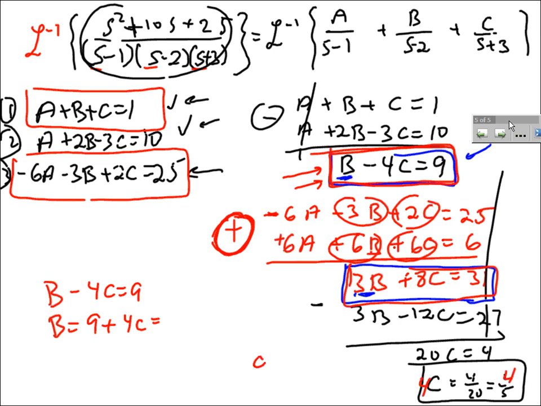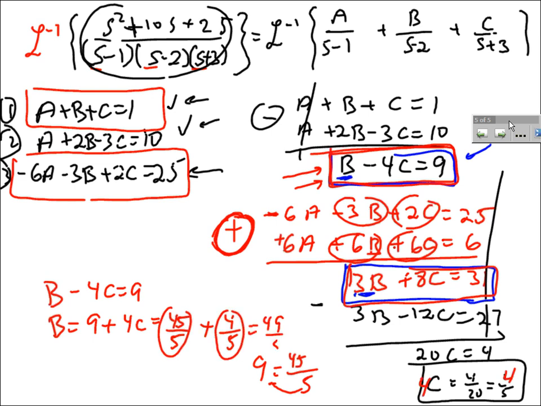I'd love to write a 9 with a 5 in the bottom, just like 4/5 has a 5 in the bottom. Well, 5 times 9 is what goes here. So this is 9 plus 4c, which is 49/5. So let's just write this on top: c is 1/5, and b is 49/5.